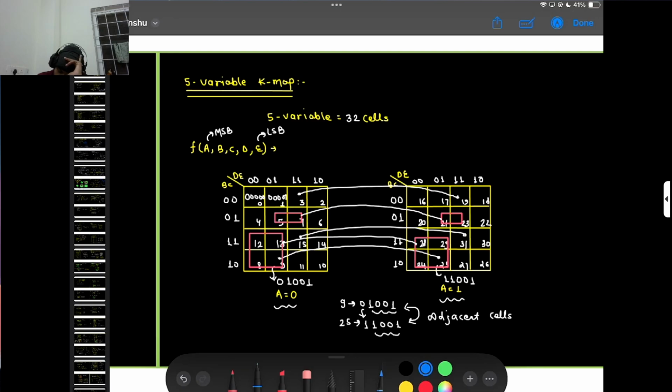So adjust the cells. That is 32 cells. If I do 6 variables, then 64 cells, so it's not possible to make a map of that many cells like this.